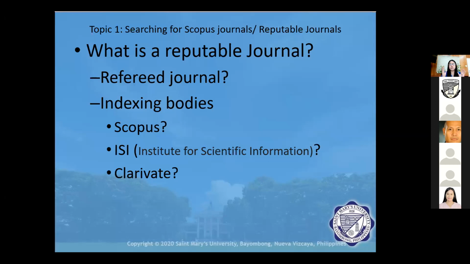These are the journals that have a peer review process before you can be accepted or rejected after that review. So if your basis of a reputable journal is that it is a refereed journal, it is because of the indexing bodies like Scopus, the ISI, the Institute for Science Information, the Clarivate. But who told us that these are the reputable journals?